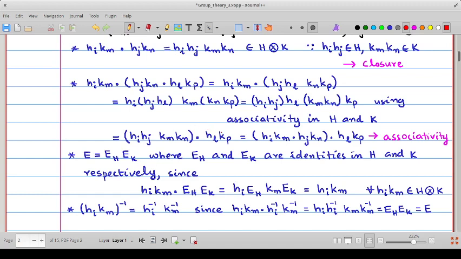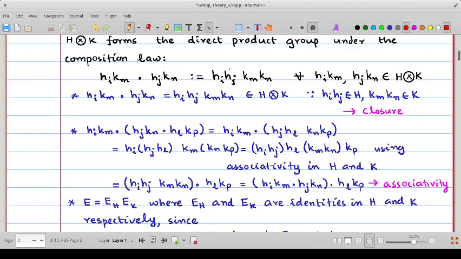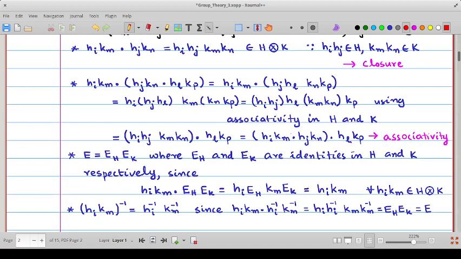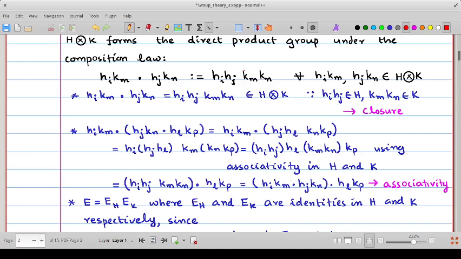So this is also equal to taking this over here, HIKM, that is this, dot HJKN, again because of the composition rule defined over here for the direct product group, dot HLKP. So this proves the associativity of the composition law defined here.